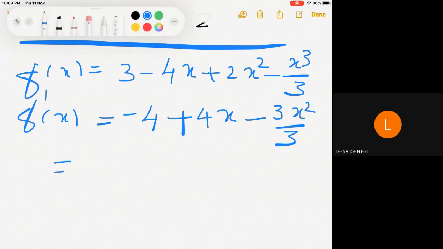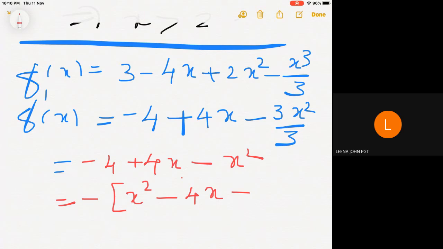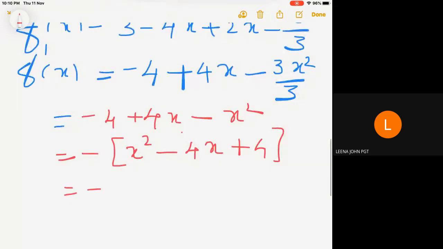You can see here it is minus 4 plus 4x minus x square, and you can take one minus outside and you will get x square minus 4x plus 4. You can see that this is nothing but a perfect square. It is a square, this is b square, and this becomes minus 2ab.